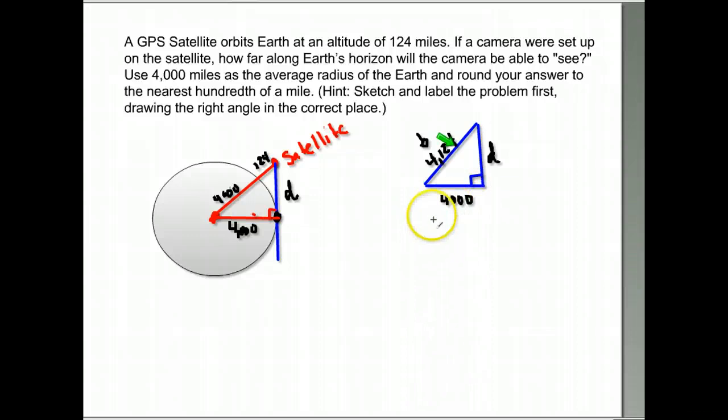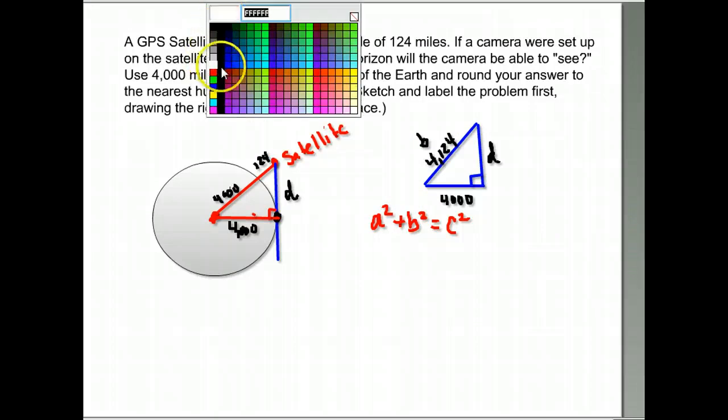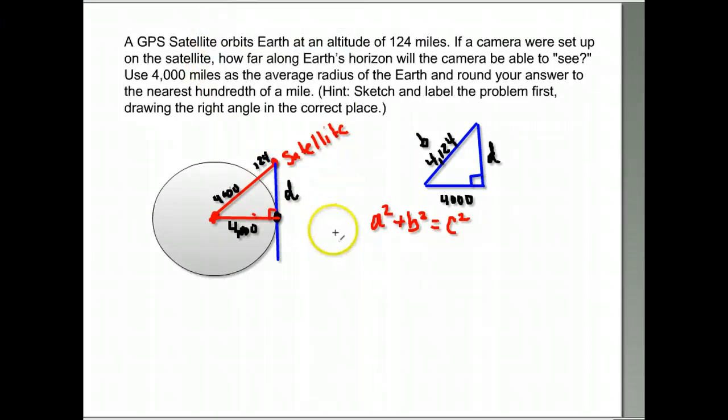Now we're going to use the Pythagorean theorem to solve this, which we use with right triangles, which remember is that a squared plus b squared equals c squared, where a and b are the legs and c is the hypotenuse. So don't forget that part. If you hit the wrong parts, it does affect your answer.